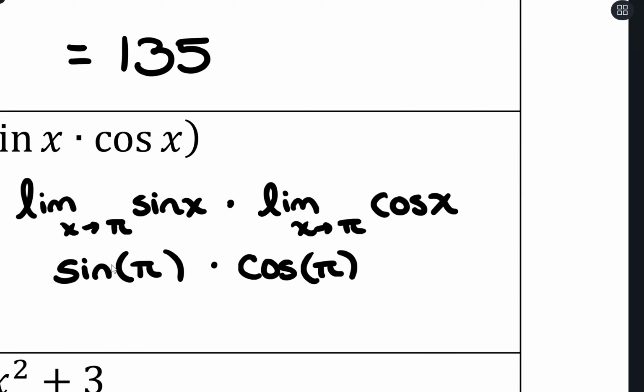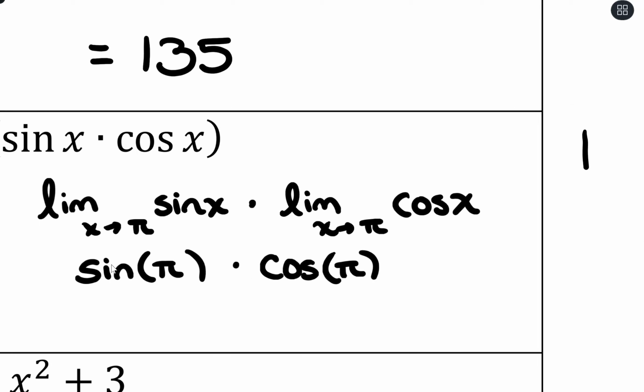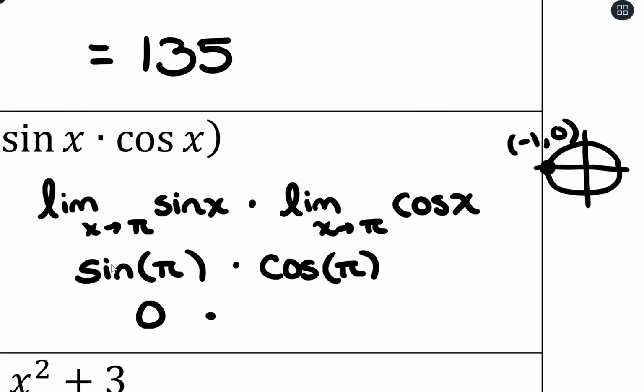And what you're going to see is for trig, I still like to draw myself just a little picture. So pi is over here with my coordinate (-1, 0). So I'm going to have my y coordinate of 0 times the x coordinate of -1, which is going to be equal to 0.